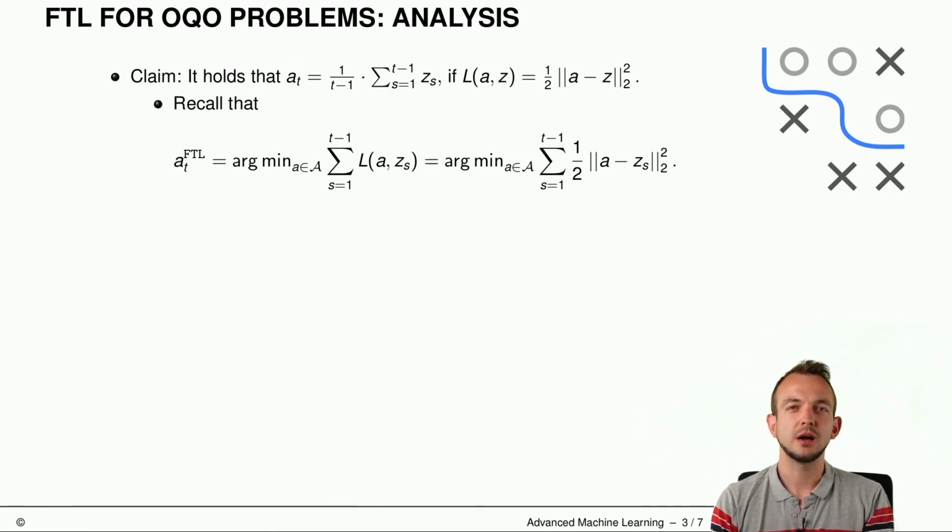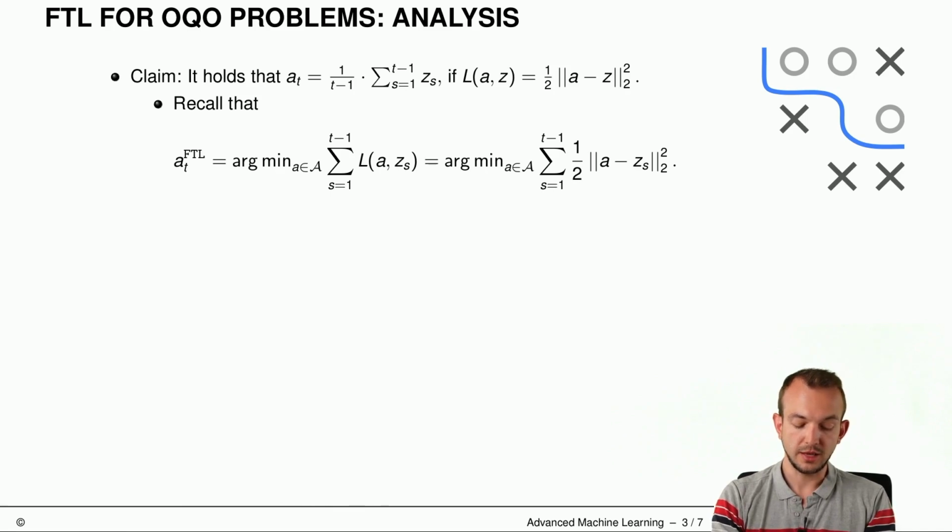So let's recall how the follow the leader algorithm chooses its action in time step t. So the action in time step t is the action, so here we have now an equality instead of the element, to make life easier.